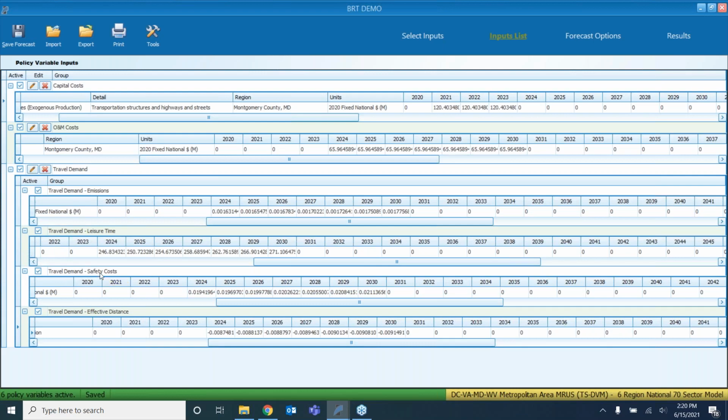We see an increase in safety, and we see some decrease here in the effective distance from travel demand. So these are our inputs, and we will go ahead and take a look at the results yielded by these inputs.